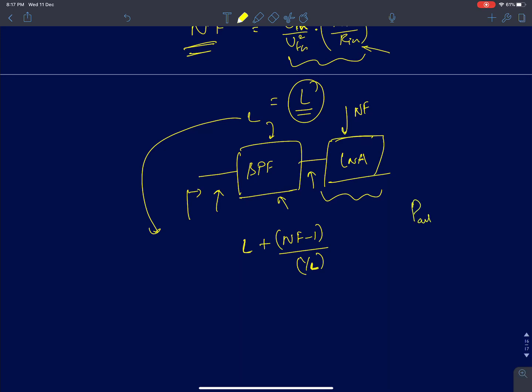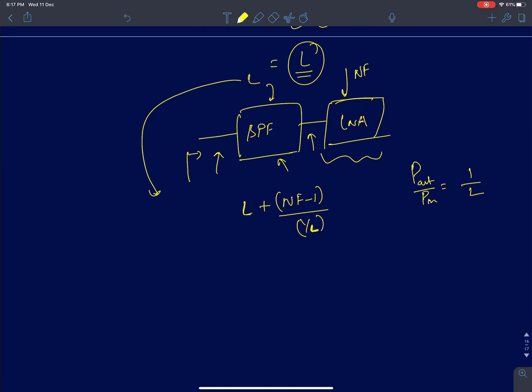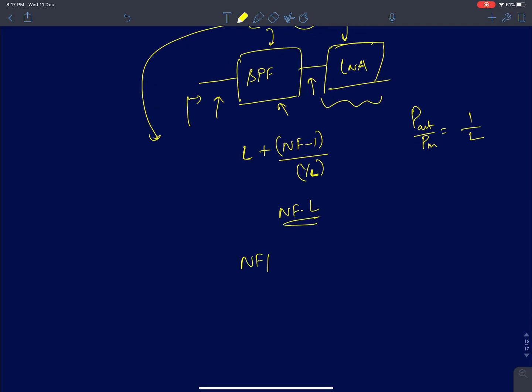If you remember, it is output power by input power, which is nothing but 1 by L, 1 by loss. So you will get NF into L. Or in dB, you can simply add the noise figure in dB plus the loss in decibels.